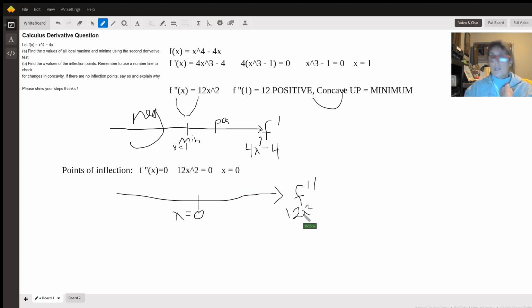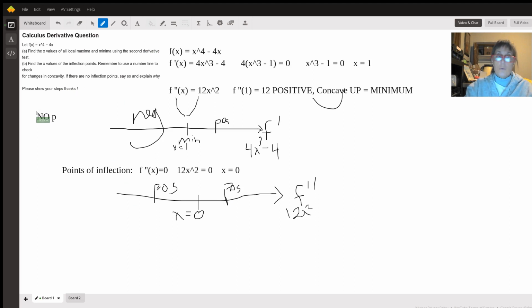So I'm going to test it. I'm going to plug in, say, -1. When I plug that into the second derivative, I get that this is positive over here. And let's plug in 1, and it's still positive. So that means that I do not have a point of inflection.